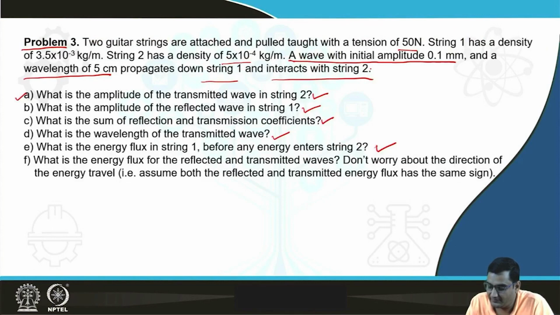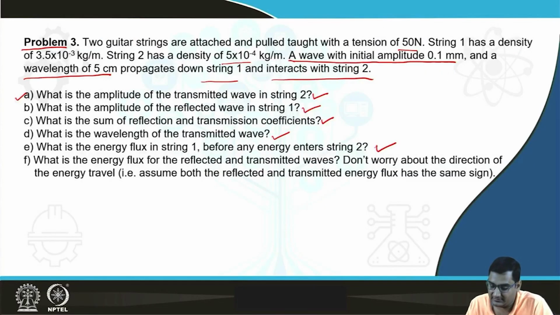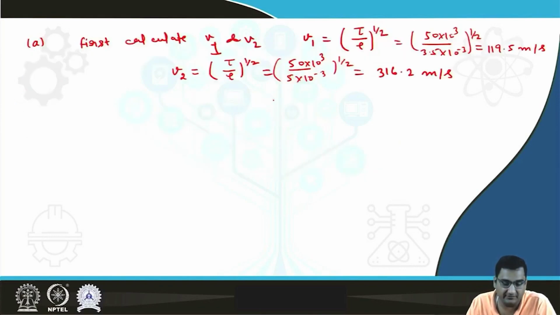When you solve it, you will get the velocity V2 equal to 316.2 meter per second. Now we need to calculate what is the amplitude of the transmitted wave in string 2. So that means we are supposed to calculate first the transmission coefficient.